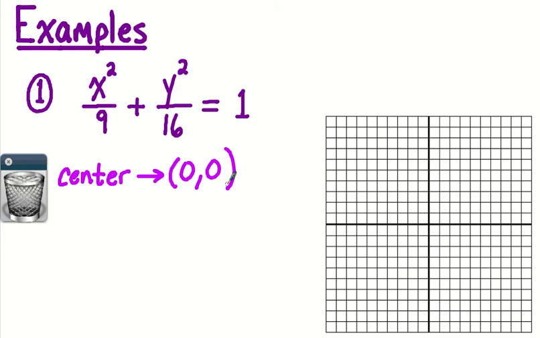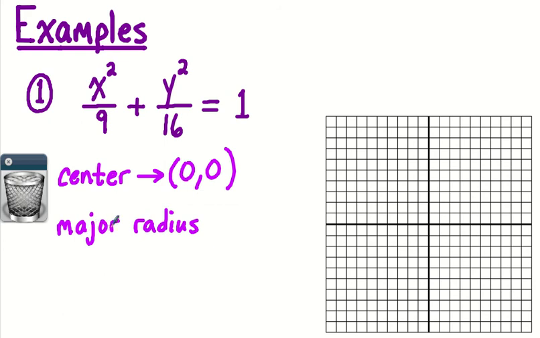And then we can talk about, how about we'll put it this way. Our major radius, which we could also call the semi-major axis.